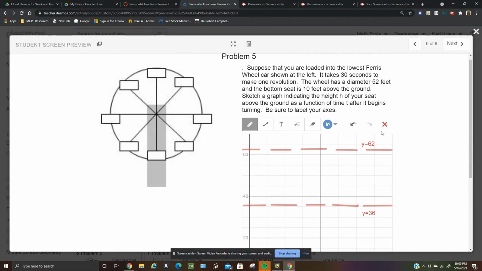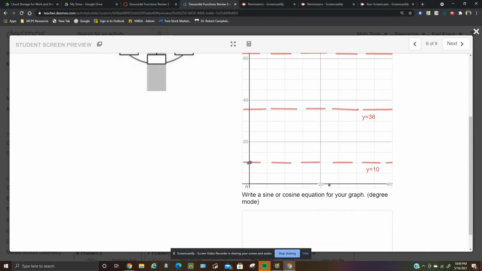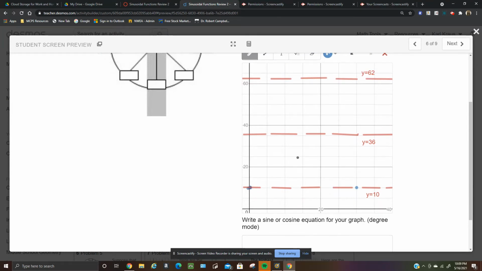And then 30 seconds is right here. 15 seconds, 5, 10, 15 seconds, that would be at a maximum. 7.5 would be on the midline, and then 22.5, the midline.